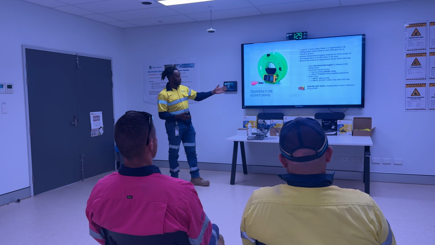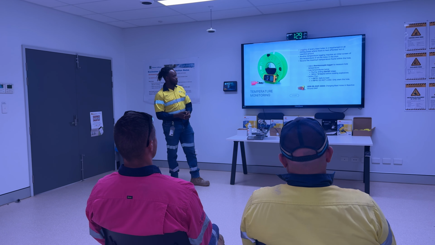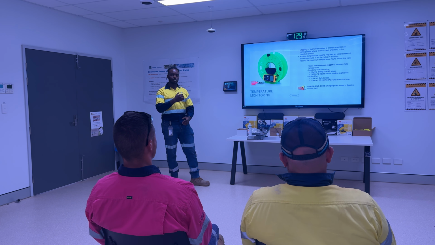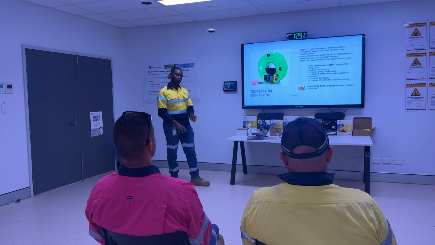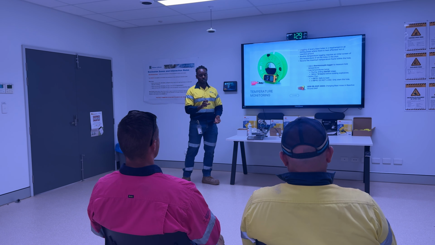So we use an instrument like this one on the screen, which is a thermocouple logger, to measure hole temperatures. This equipment allows you to measure different temperatures as you pull up the probe, and it will give you the highest reading and the minimum reading of the hole.